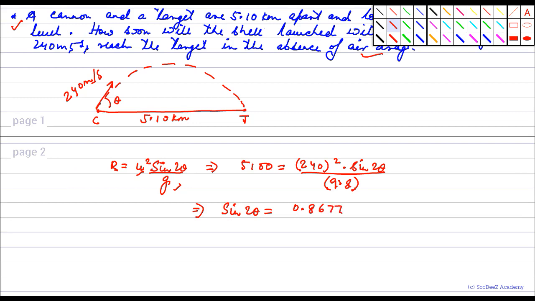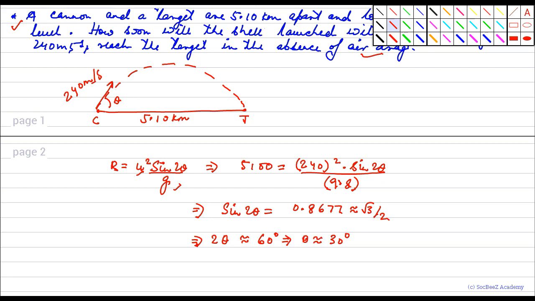This is nearly equal to root 3 by 2. So I can say that twice theta is nearly going to be equal to 60 degrees, which implies theta is nearly going to be equal to 30 degrees.